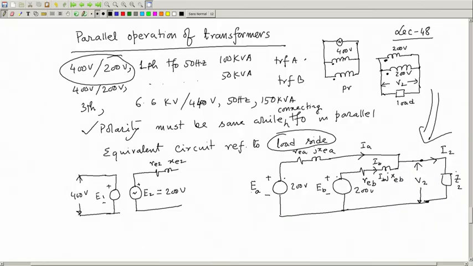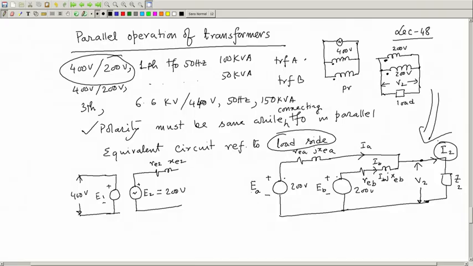This is otherwise a simple circuit to be solved, but we are interested to note, for a given load current I2, which is known, what IA and IB will be, that is, how these currents will be shared.